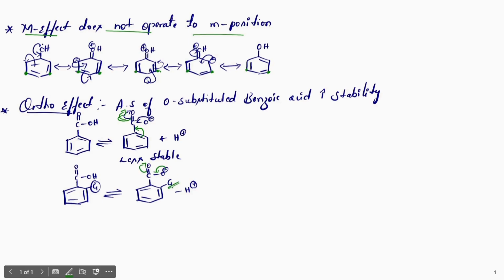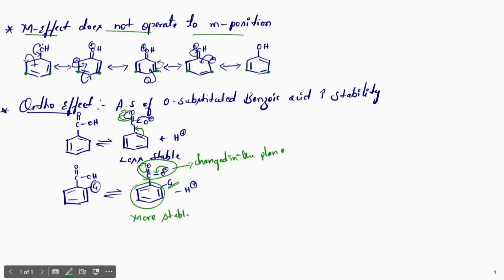Due to the presence of bulky group at ortho position, this bulky group causes repulsion. Due to the repulsion, the plane of C double bond O, O minus is changed. Due to the change in the plane, the conjugation between the benzene ring and C double bond O, O minus is prohibited. Therefore, this is more stable.